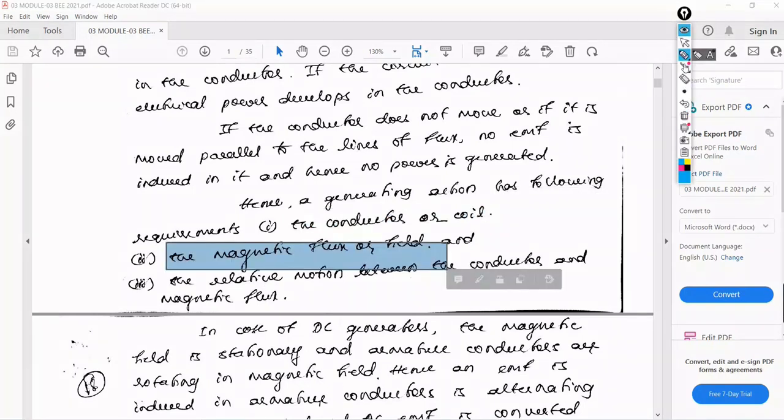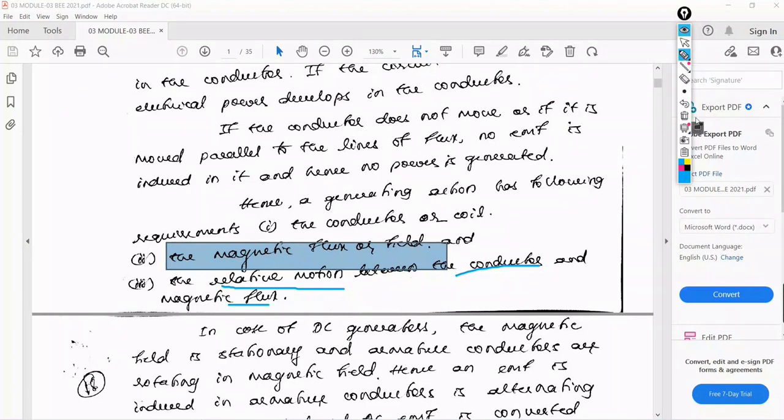The third is a relative motion between the conductor and the flux. Only then can I get an induced EMF. If there is no relative motion, there is no change in flux. If there is no change in flux, there is no induced EMF. This is the working principle of the DC generator.